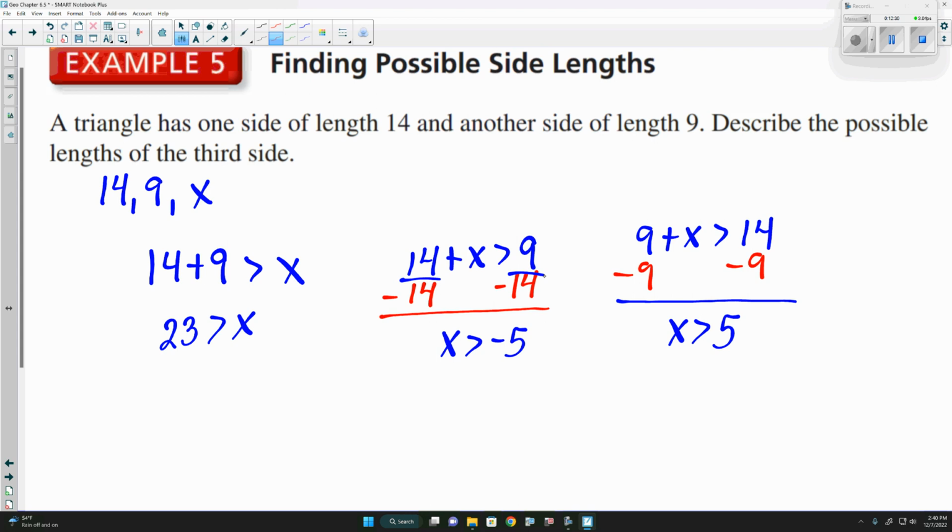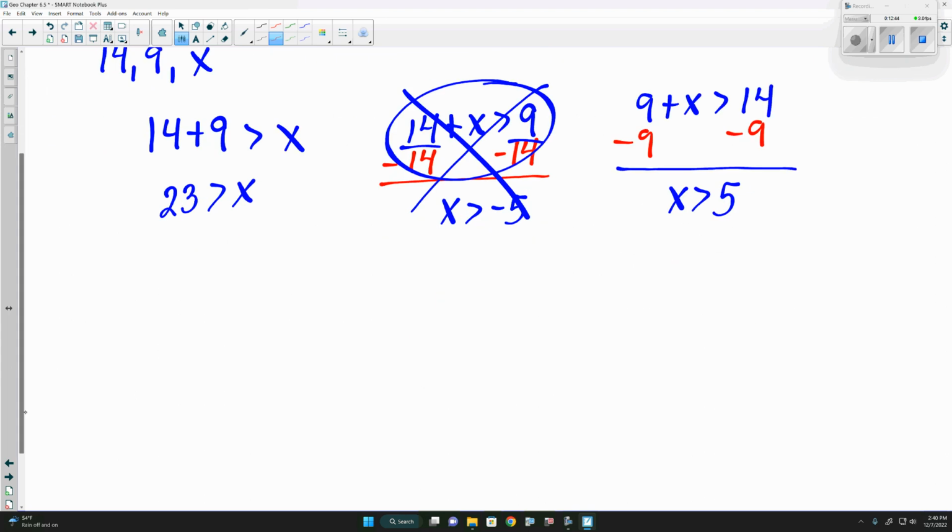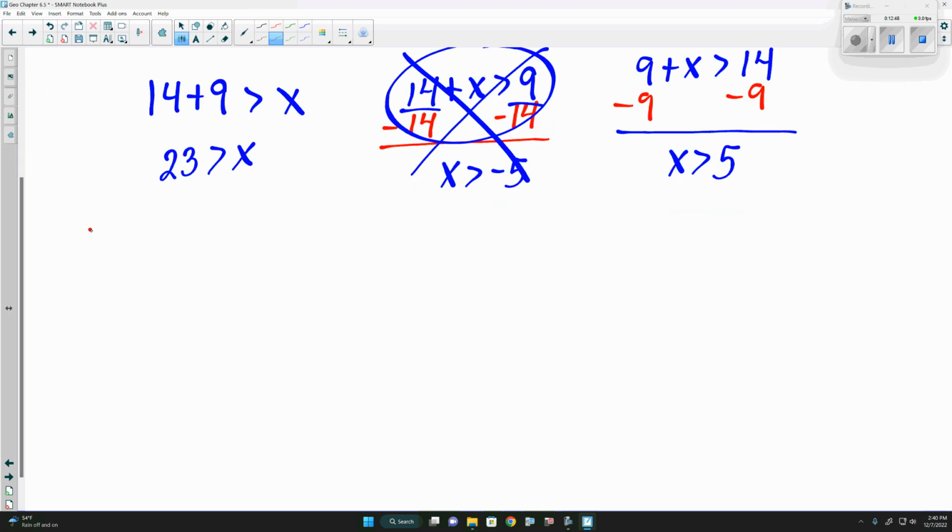So no matter what the value of x is that we put in here for any length, this one here is always going to be true, yes? So for this here, this one doesn't matter. It's the other two that do. Because if we look at the other two statements, the first one's saying that x has to be less than 23, yes? And our other one says x has to be greater than 5.